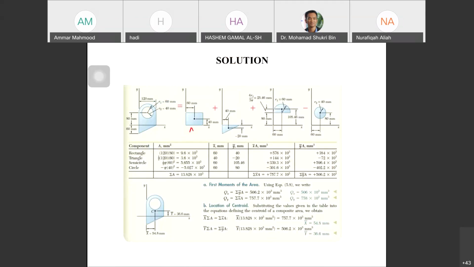This is A, this is B, this is C, this is D. So A is here, and B is this one. Plus also the hemisphere. Up to here, you have the full body.